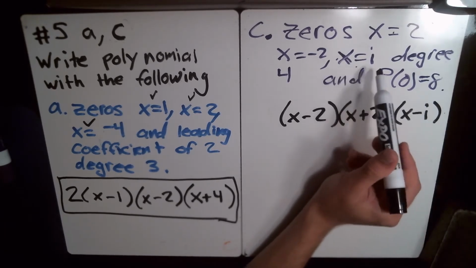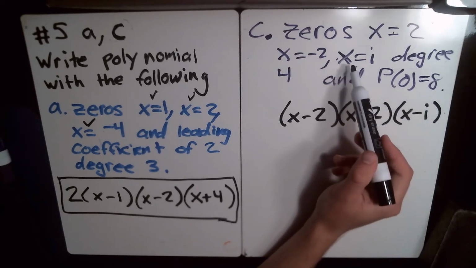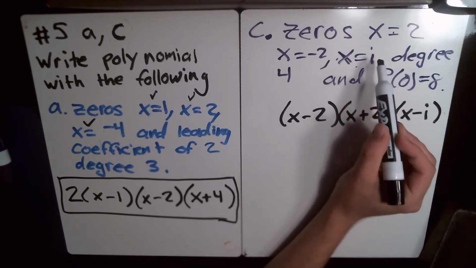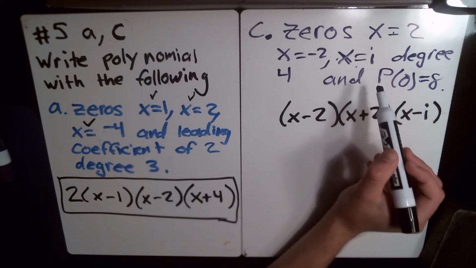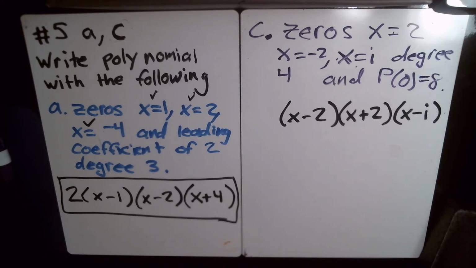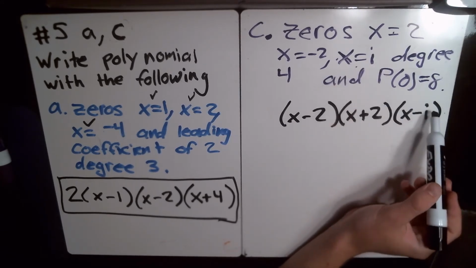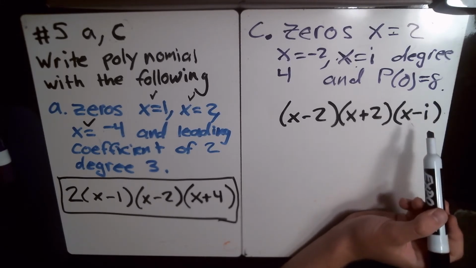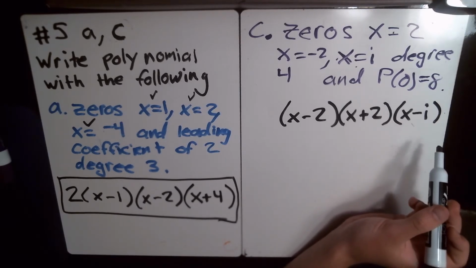I didn't write it up here because I wanted to talk about this, but even if they didn't tell you that negative i was a 0, you would know that it is because i is a 0, okay? That's because this is a real valued polynomial, and so whenever you have an imaginary solution, one with i in it, if you switch the sign on the i, that will also be a solution, okay?